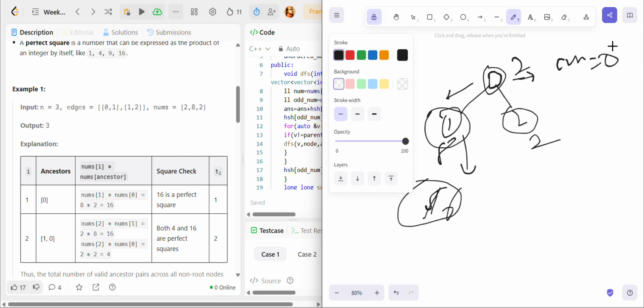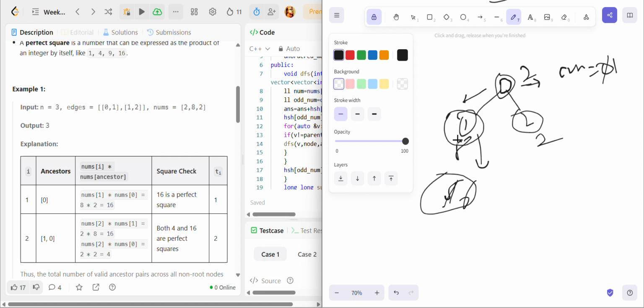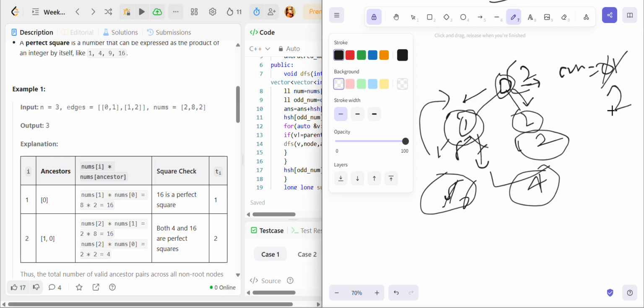So in the answer I have to update 1. Now there are no children, so we can't go further. We'll go back, and again from 0 to 2 we will come. The value at the second node is 2 and the value at node 0 is 2, so the multiplication gives us 4, which is a perfect square. So the answer would be updated as 2.